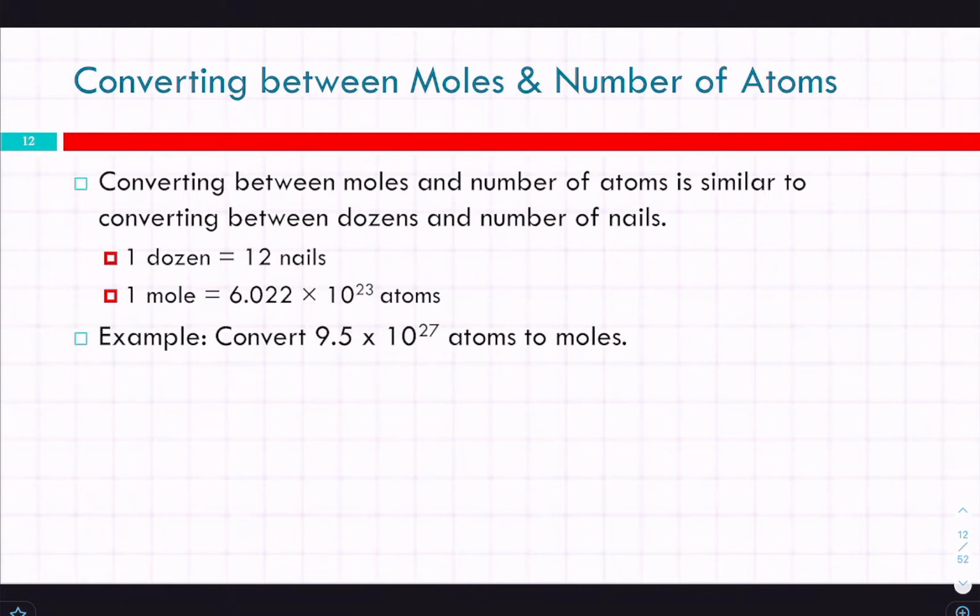So if we want to convert 9.5 times 10 to the 27 atoms to moles, start out with that number, 9.5 times 10 to the 27 atoms. And we're going to start using this grid.